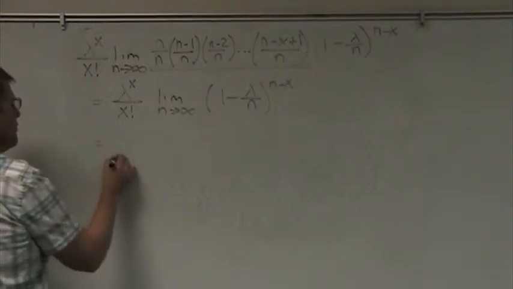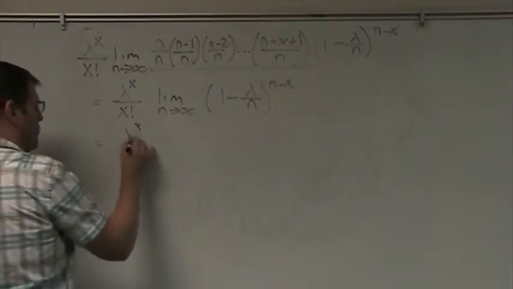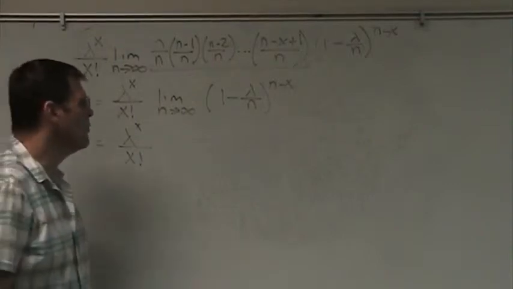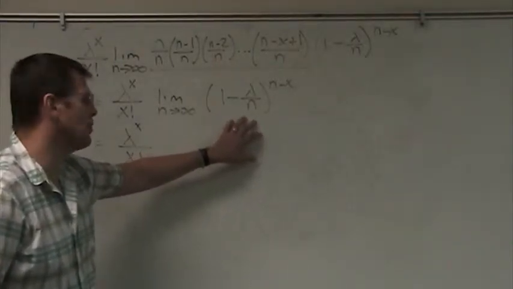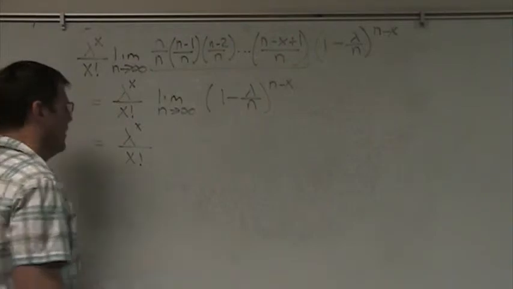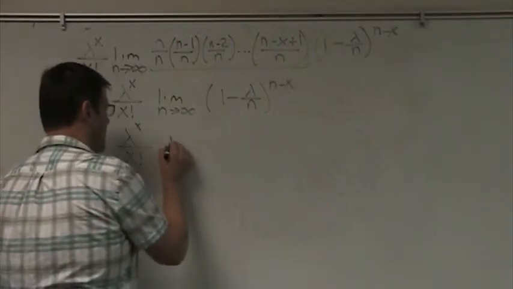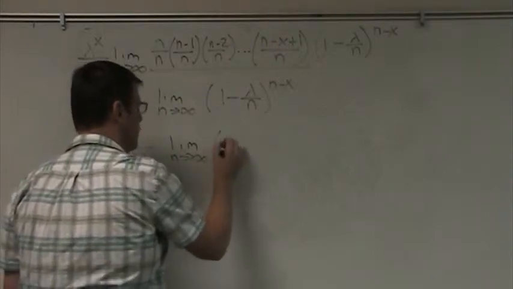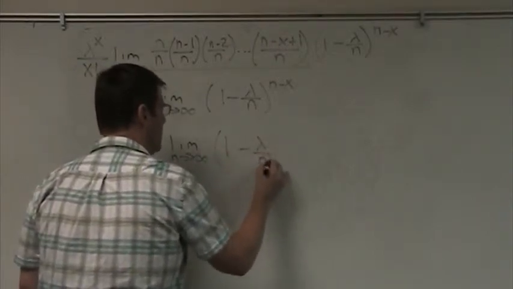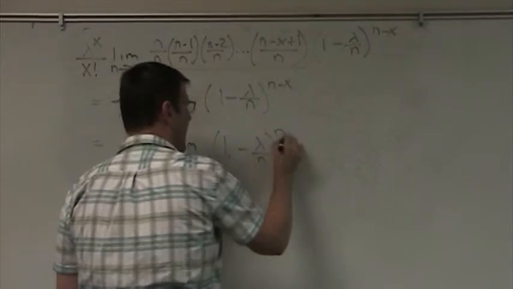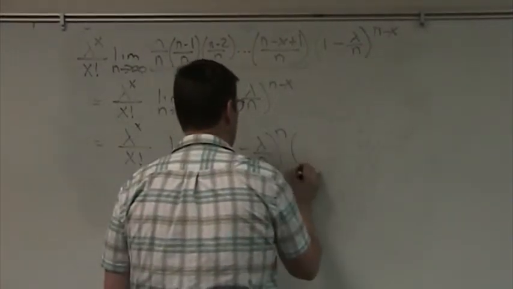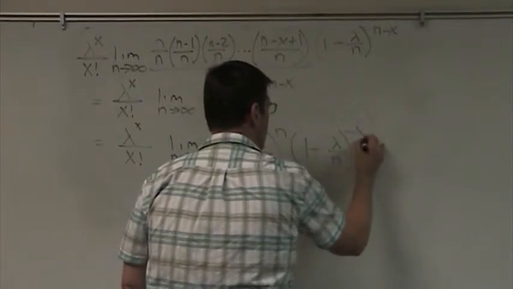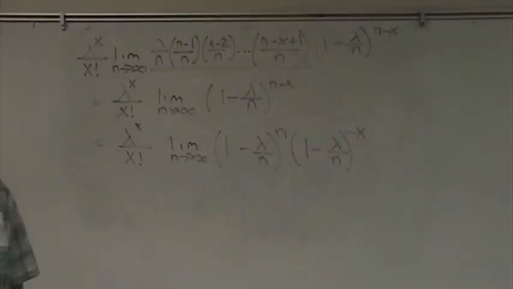So as far as this is concerned, again, we're just carrying down this first term. One remaining thing we're going to do here is split this up. So this is going to be the limit as n goes to infinity of 1 minus lambda divided by n to the n times 1 minus lambda over n to the negative x.